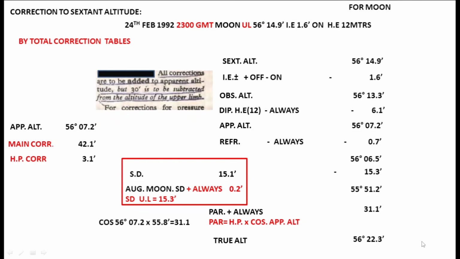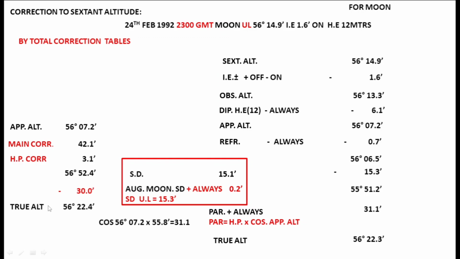Now we just saw that all the corrections have to be added up and 30 is to be subtracted. So I add up all of them, subtract 30, and this is my true altitude. You can see that the true altitude either way is nearly the same, but this is definitely faster. But as I said, a candidate is to be aware of all these individual corrections.